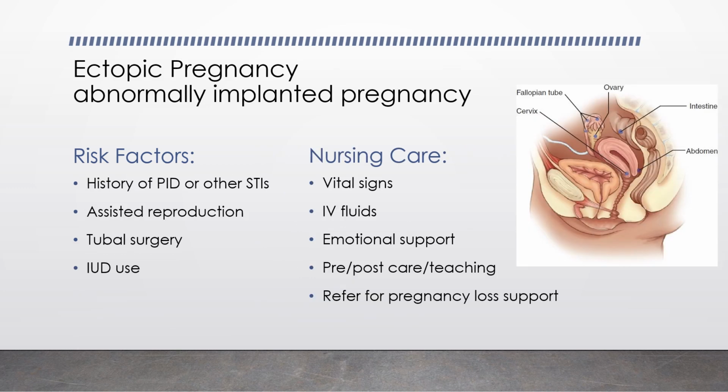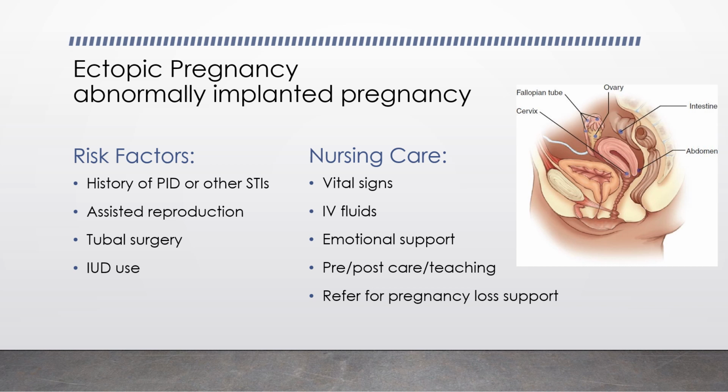An ectopic pregnancy, as I already mentioned, is when the fetus starts to grow outside the uterine cavity. It's abnormally implanted. So you can look at the risk factors on the left-hand side: a history of pelvic inflammatory disease or other sexually transmitted infections. That's a risk factor for ectopic pregnancy. Also, assisted reproduction, and in the coming weeks we'll be talking about fertility and infertility.